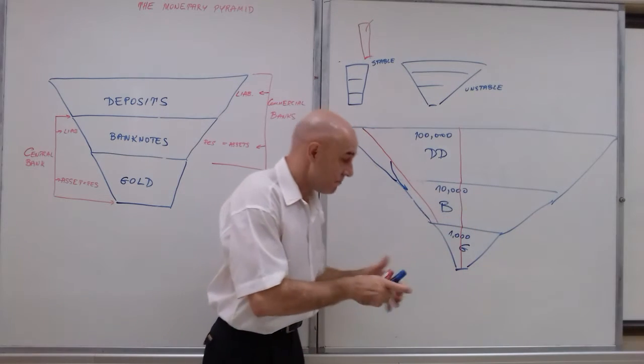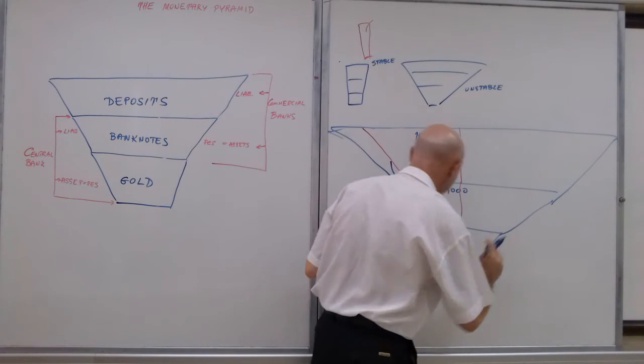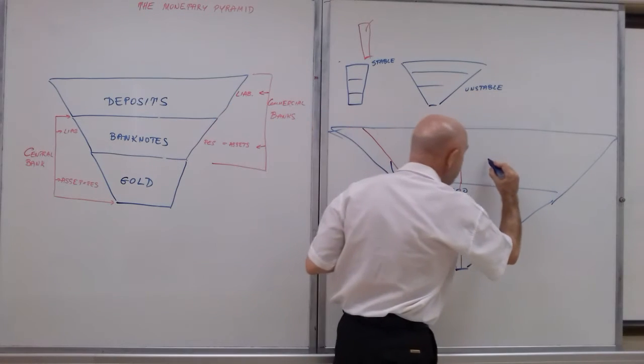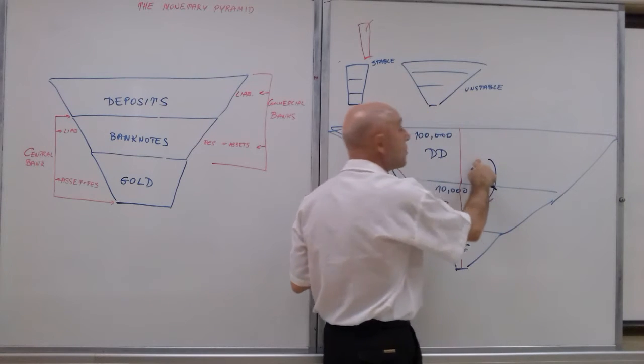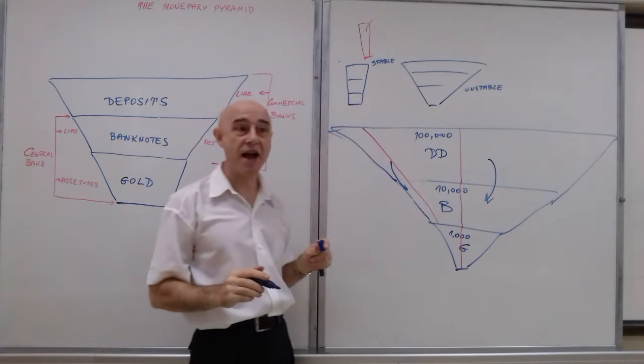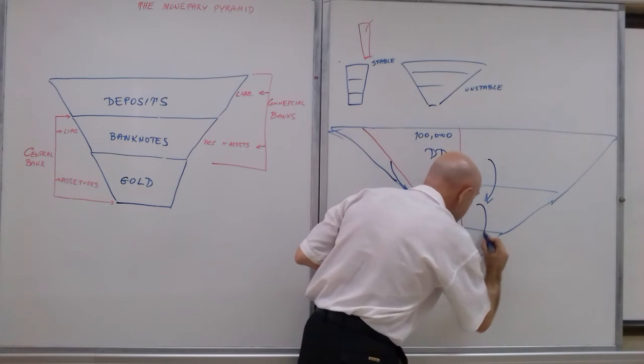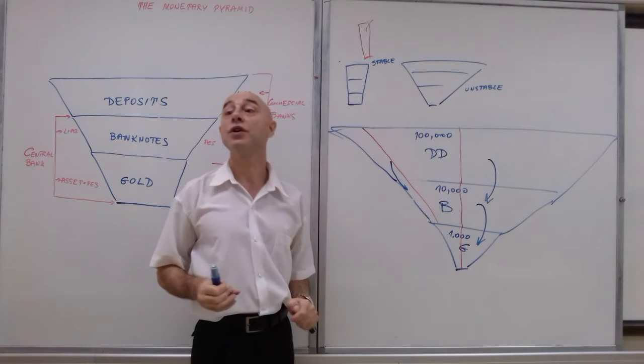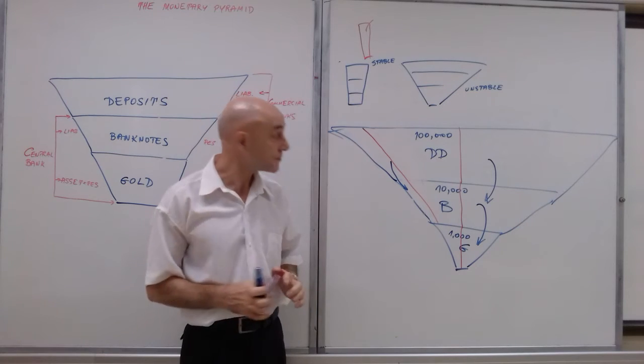So you may get a banknote. So when you take money out, when you take your deposit, it goes like this. This is the process of converting deposit into cash. And now this is the process of converting cash into gold. Okay?